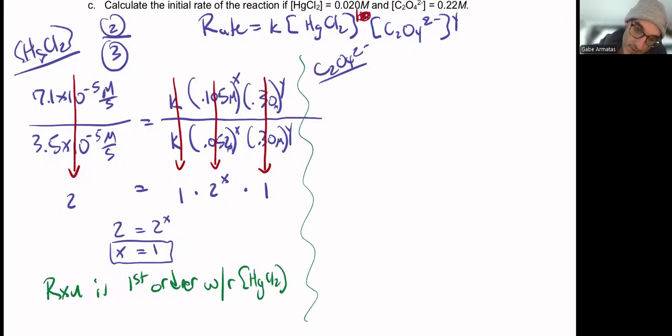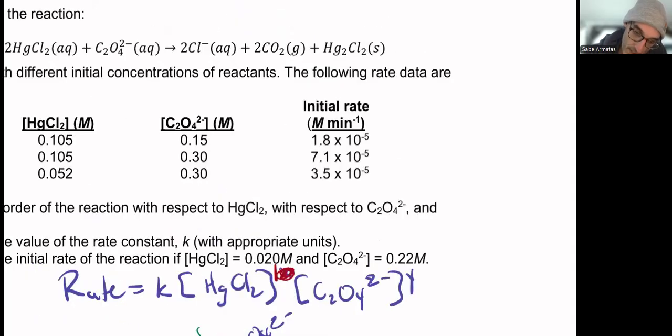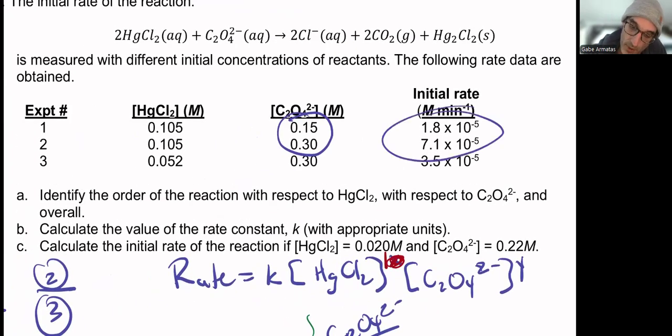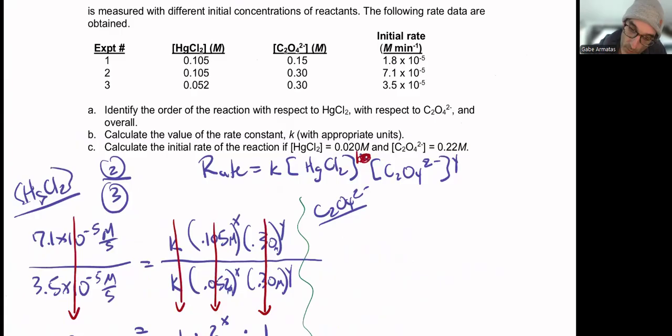C2O4 2 minus? If we look at C2O4 2 minus, we can see that reaction 1 and 2 change, and we're going to use reaction 1 and 2. Because 2 is larger than 1, I'm going to put reaction 2 over reaction 1, and I'm going to repeat this process.